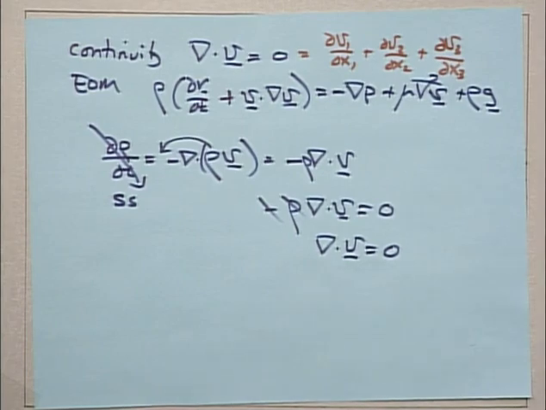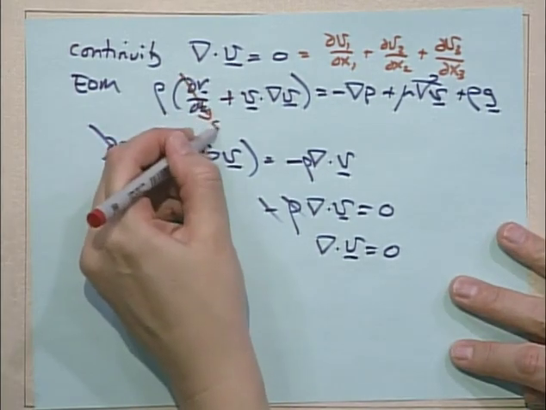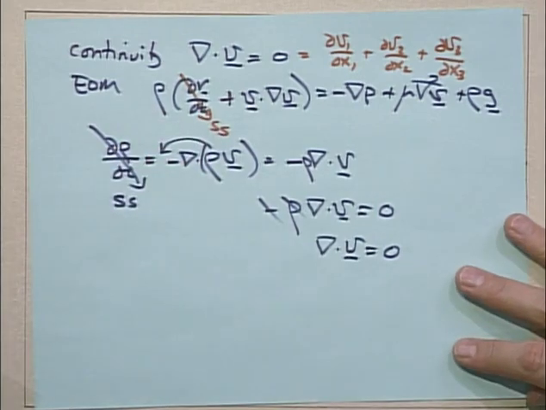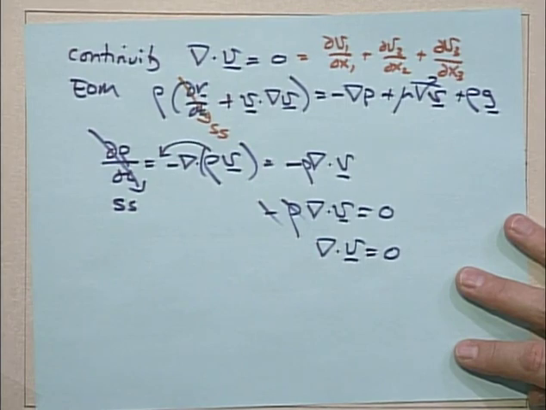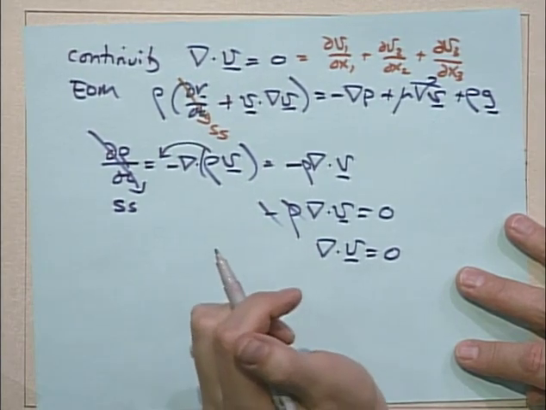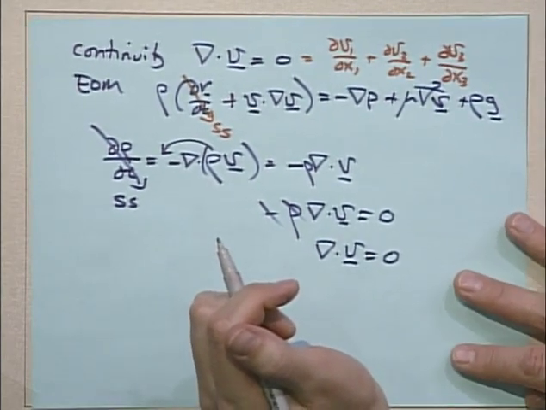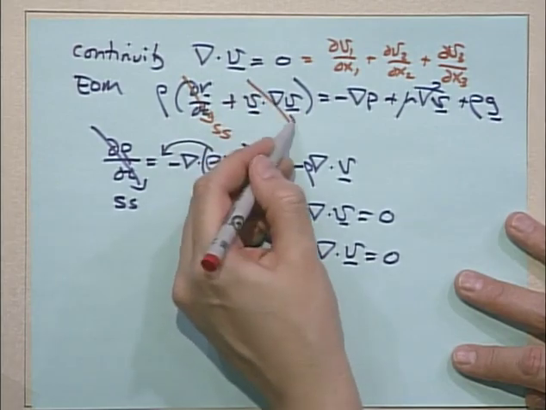Steady state, so we cancel the time derivative. It's unidirectional flow, so all the second part goes out as well.